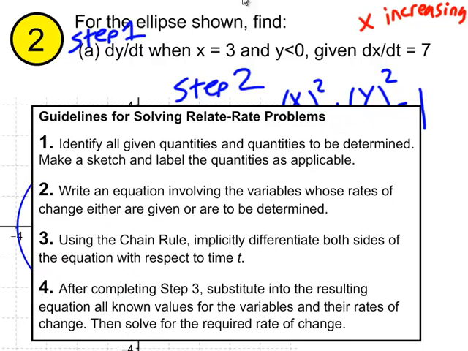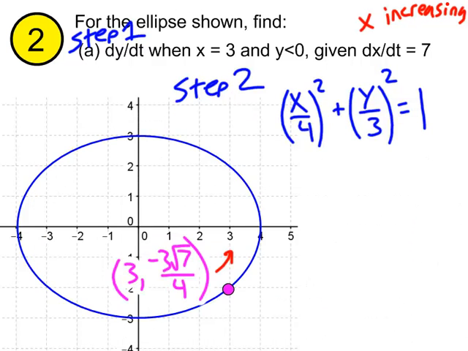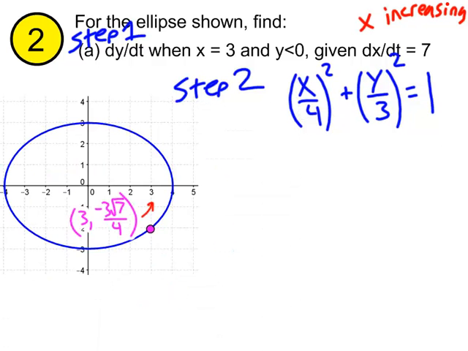Step 3 says use the chain rule to implicitly differentiate both sides of the equation with respect to time t. That means do d over dt of both sides of the equation that we got in step 2. Okay, so step 3, let me clear up a little space here.